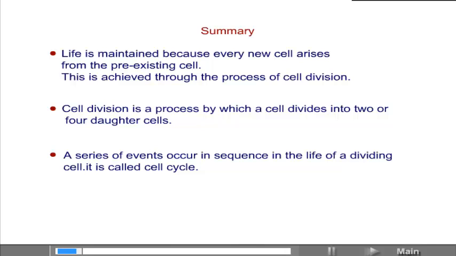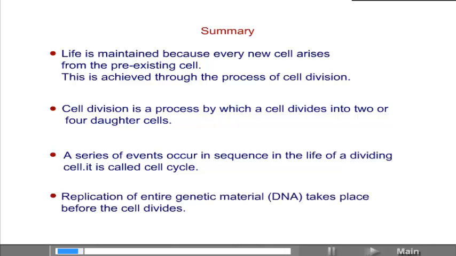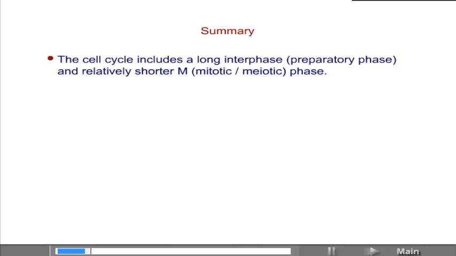It is called the cell cycle. Replication of the entire genetic material, that is DNA, takes place before the cell divides. The cell cycle includes a long interphase, that is the preparatory phase, and a relatively shorter M phase, that is the mitotic or meiotic phase.